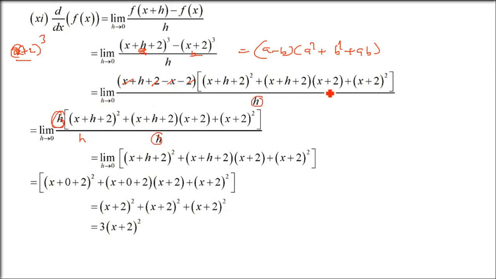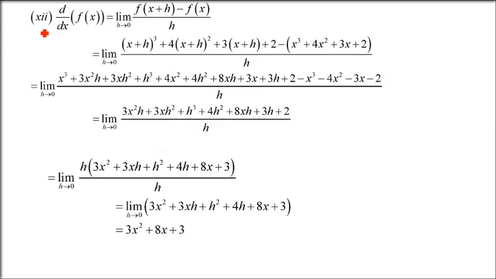Now whatever is remaining, don't worry, only put h as 0, because only h has to be made 0. So you have x plus 2 whole square, then this is also h is 0, so x plus 2 whole square. This x plus 2 whole square was already there. So x plus 2 whole square three times means 3 into x plus 2 whole square.